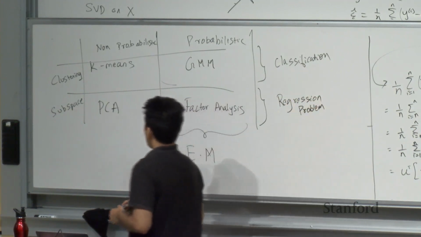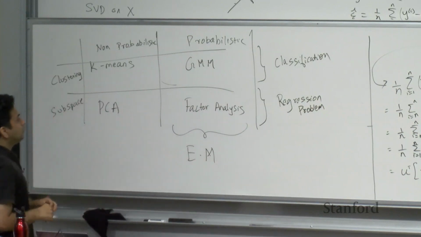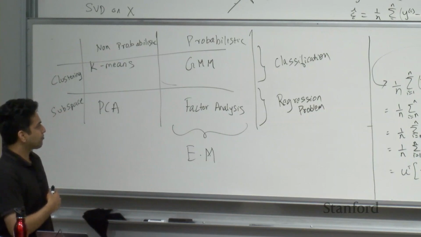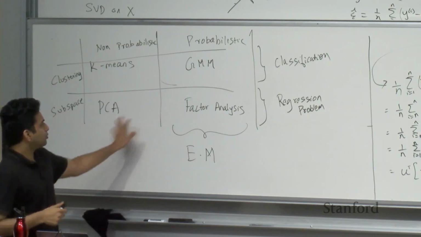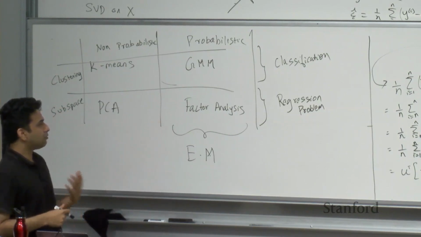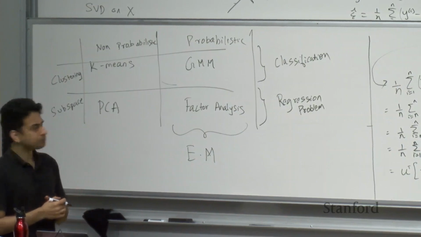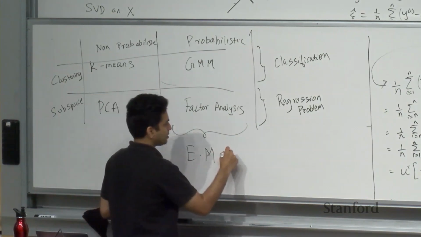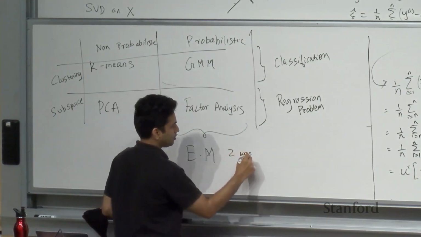Okay? Both PCA and factor analysis recovered a low-dimensional subspace, where in factor analysis, Z was the subspace.